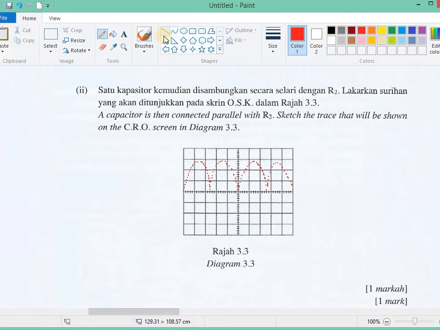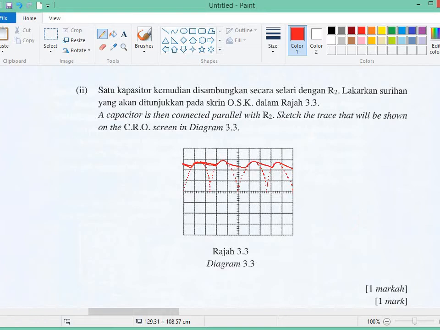And then after that we draw the line like this. Okay, down, up and then go down and then up and then down, up, down, up, down. Okay, like this. So this is what it looks like.